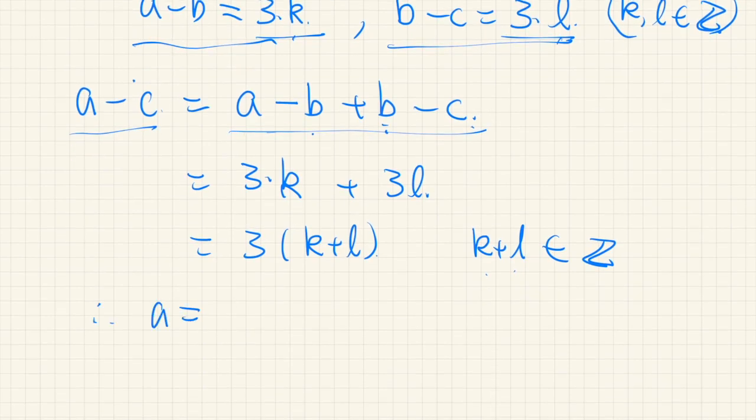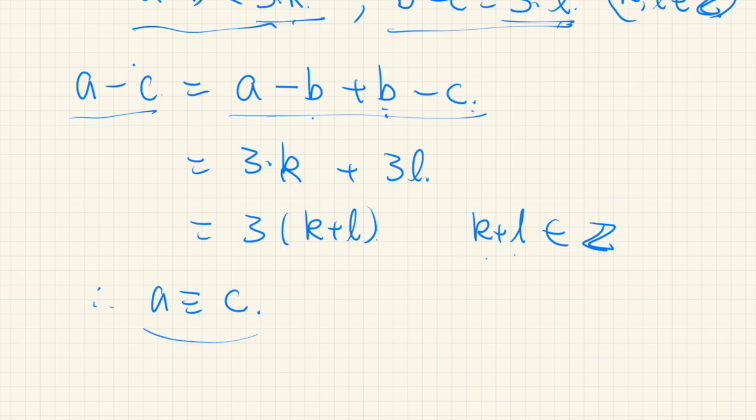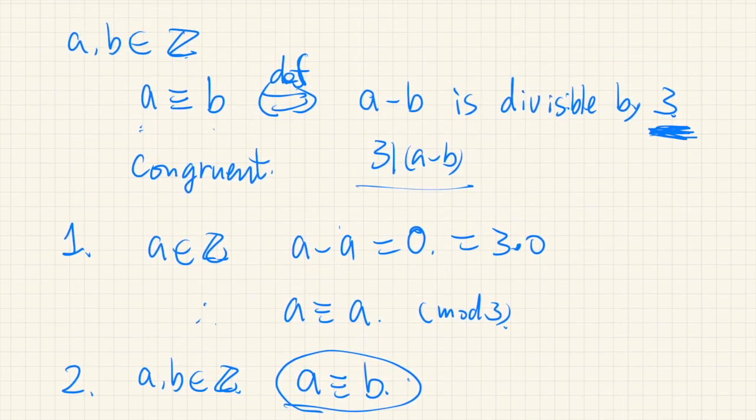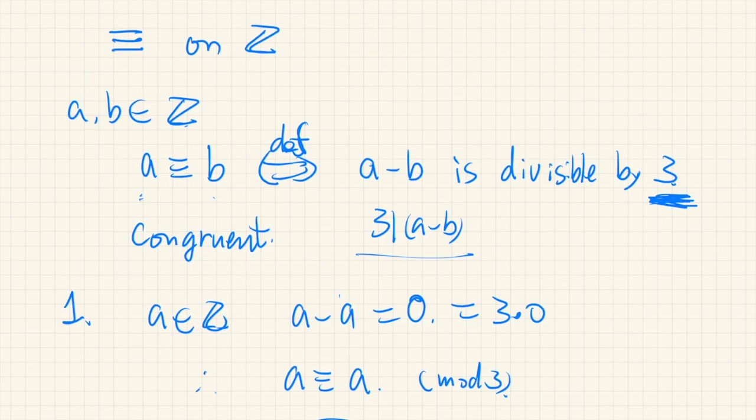Therefore, a is congruent to c. So transitivity does hold. We assume this, then from that, this was derived. So all three conditions are satisfied. Therefore, this congruency relation is an equivalence relation.